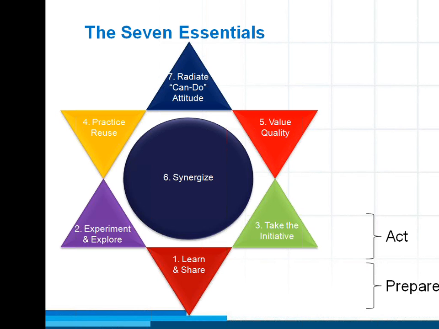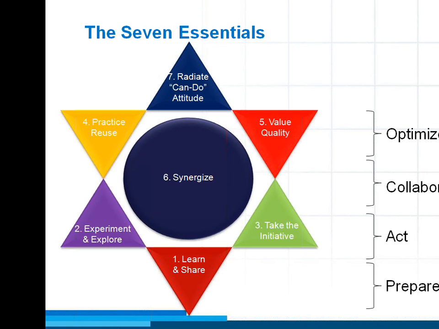And when you are taking the initiative and when you are experimenting and exploring, that is where you are acting. So you prepare, act, and when you are synergizing, you are working with the team, you are working with tools, you are collaborating. And when you are practicing reuse and value quality, that is where you are optimizing.